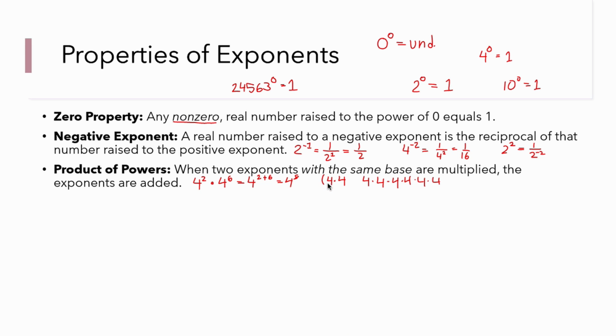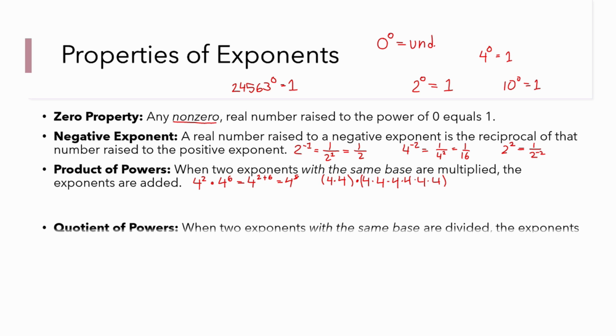So we're multiplying this by this. But of course, all of these are multiplication. We can just remove the parentheses. The parentheses don't really matter in this. So this is basically saying we're multiplying 8 4s together then, which is equal to 4 to the power of 8. So that is why this property works.